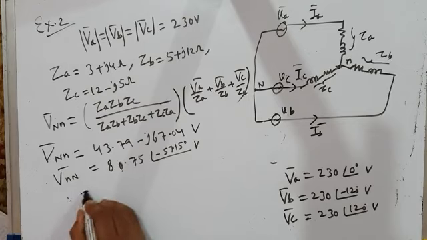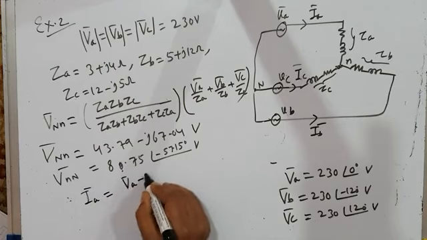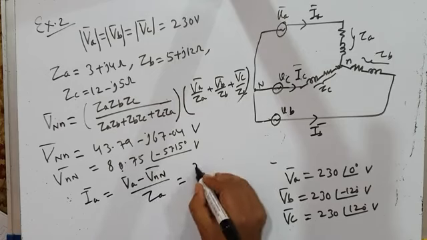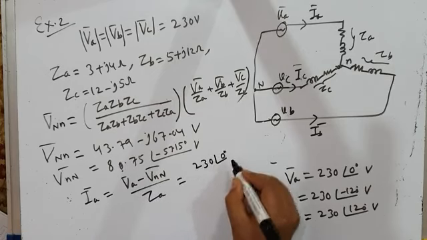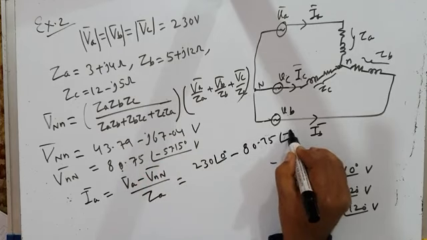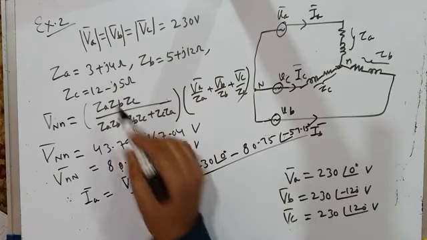So what is line current IA? It is (VA minus VNN) by ZA. VA is 230 at an angle of 0 degrees volts, minus VNN, which is 80.75 at an angle of minus 57.15 degrees volts, divided by ZA. ZA is given here.